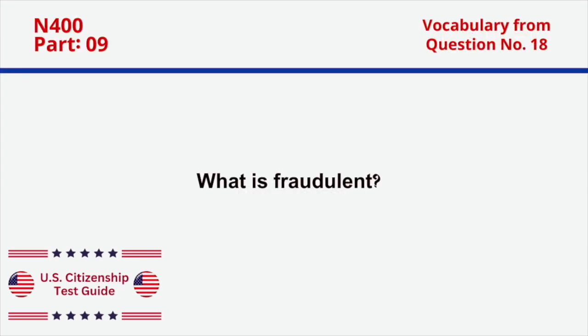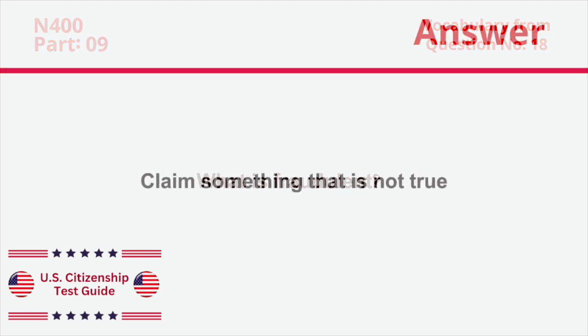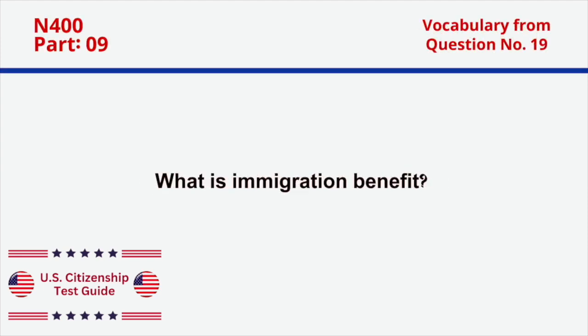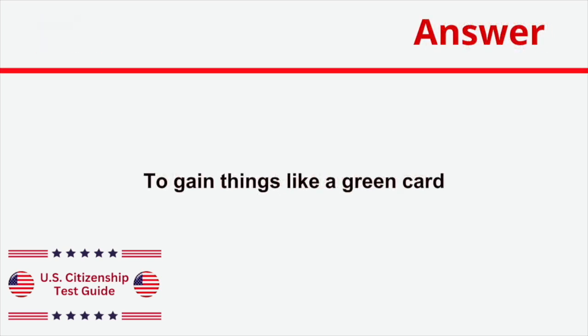What is fraudulent? Claim something that is not true. What is immigration benefit? To gain things like a green card.